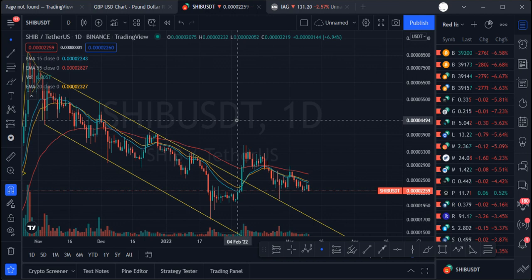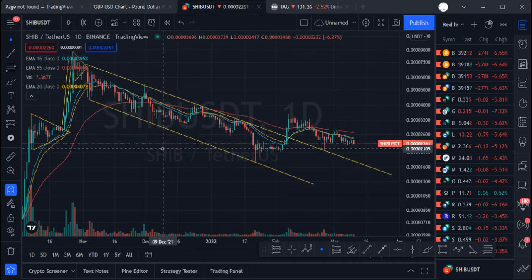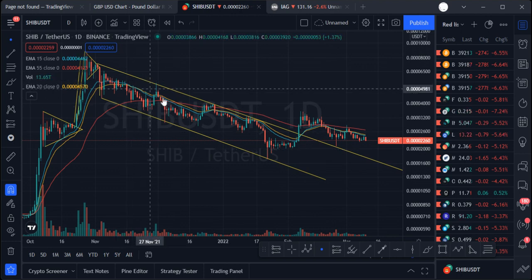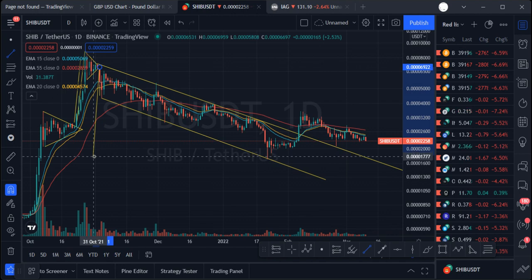So support and resistance lines create the pattern, with two or more touches going through. Now, this has happened, it's come down, hasn't had a serious breakout really. So a descending channel like that is actually quite bullish, and it's measured like so.